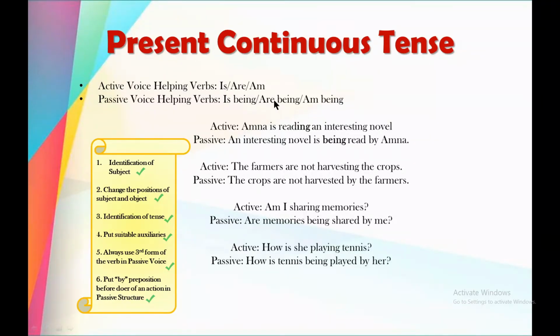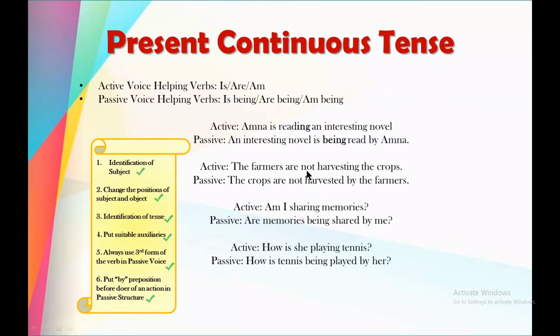Instead of are, we use are being, and instead of am, we use am being. So when we put this being, we got rid of this ing form. Now we can use the third form of read. So it would become an interesting novel is being read by Amina. So this is the answer, the passive structure of this active structure.